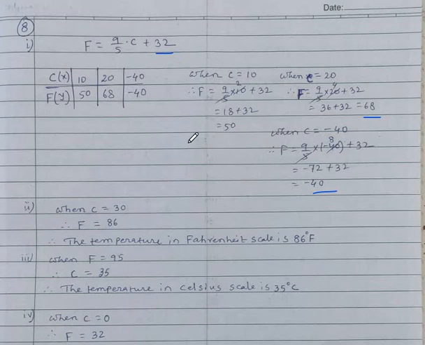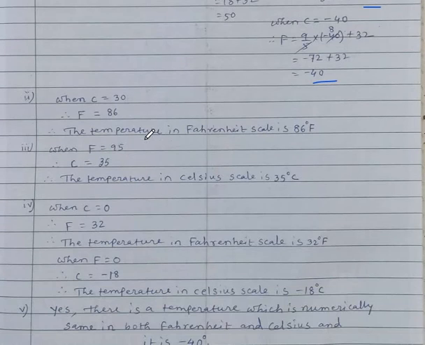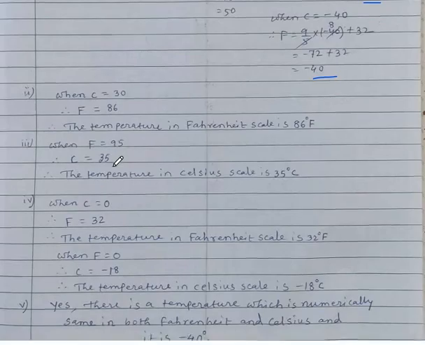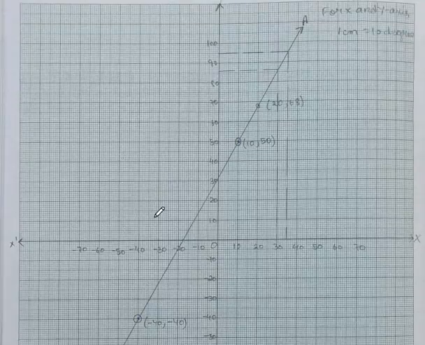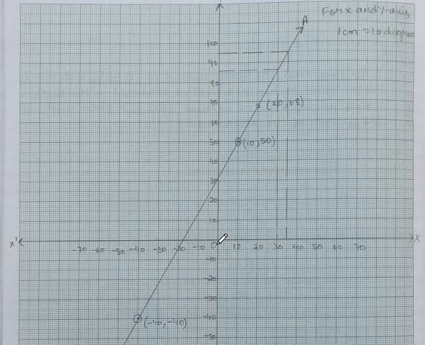So with the help of this we have drawn the graph. Now first answer completed. Second, they said if the temperature is 95 degrees Fahrenheit, then what is the temperature in Celsius? So when F is 95, observe C how much. When F is 95, from origin, F means Y, up to 95 you count.